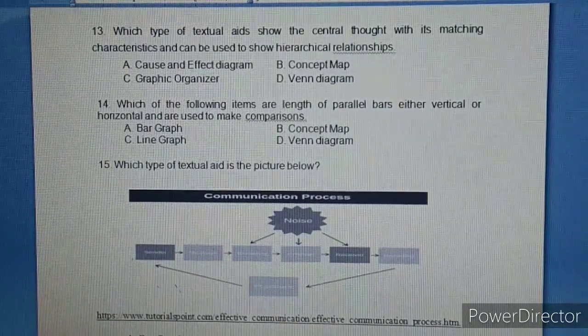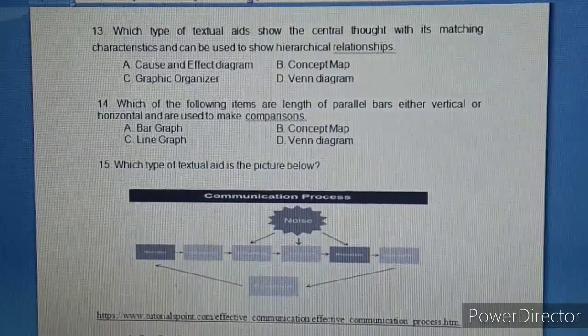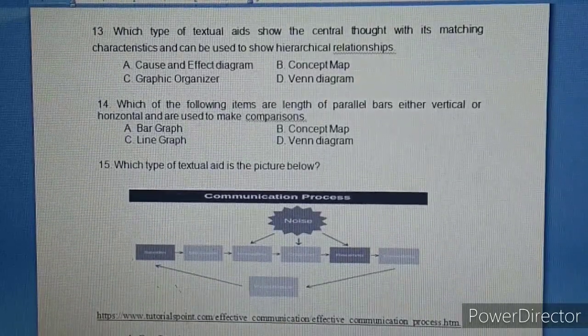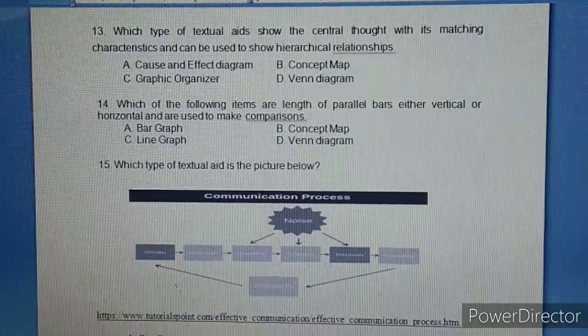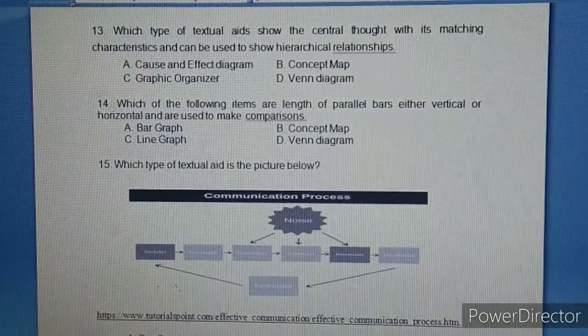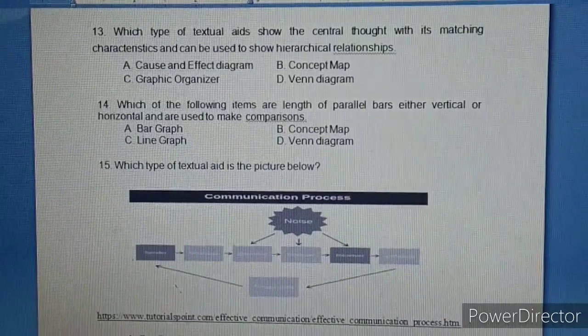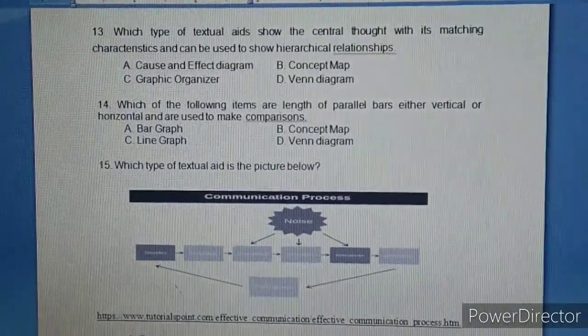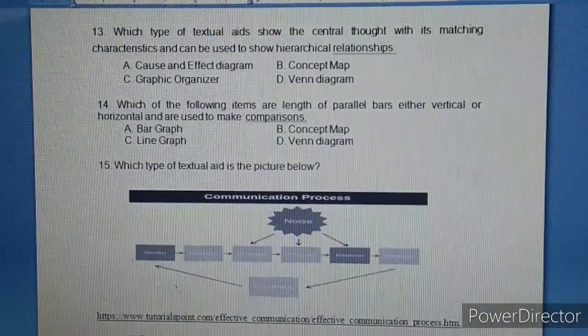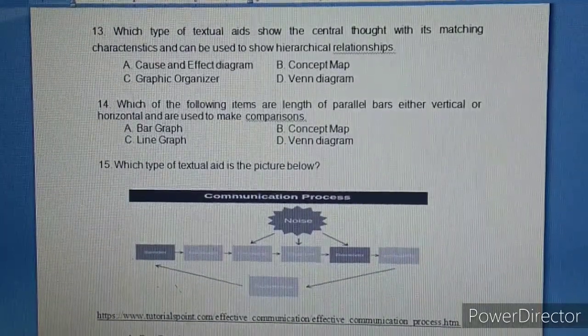Which type of textual aid is the picture below? As you can see there, it is entitled communication process. Then noise. Below the word noise, we have sender, channel, receiver, and others. So again, which type of textual aid is the picture below?